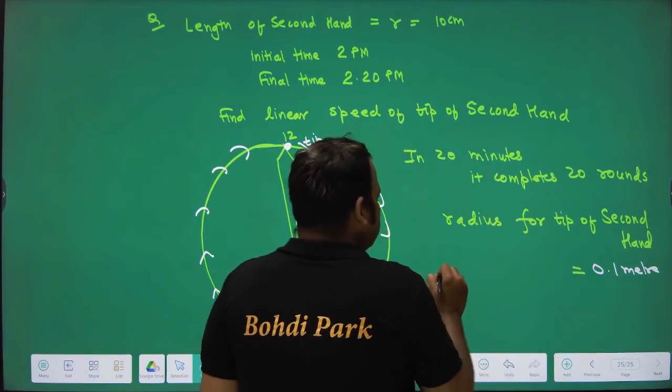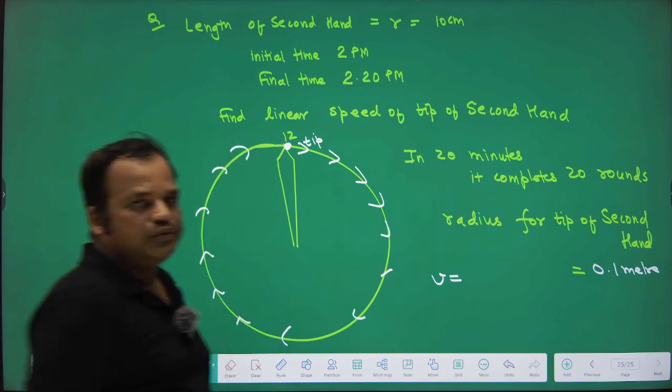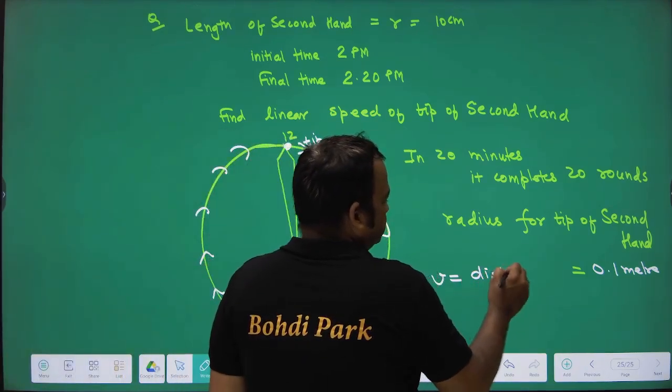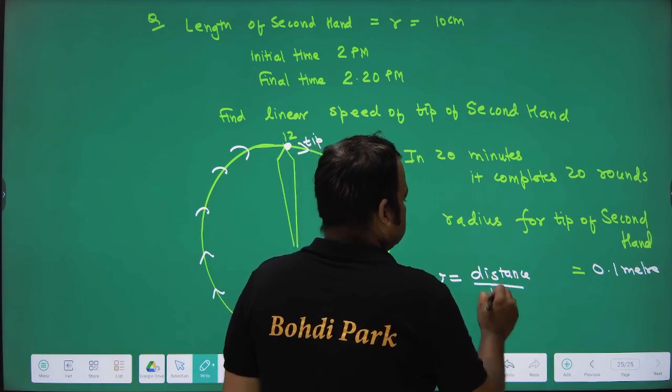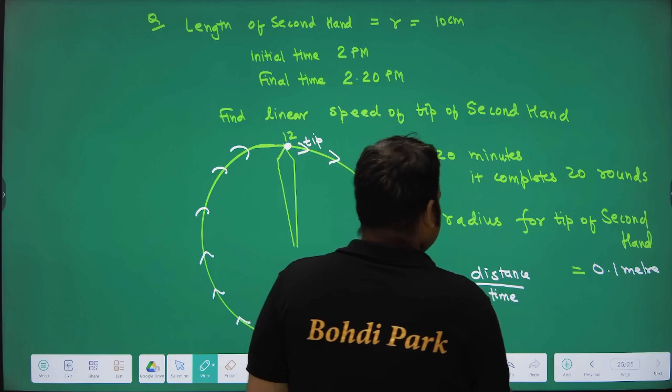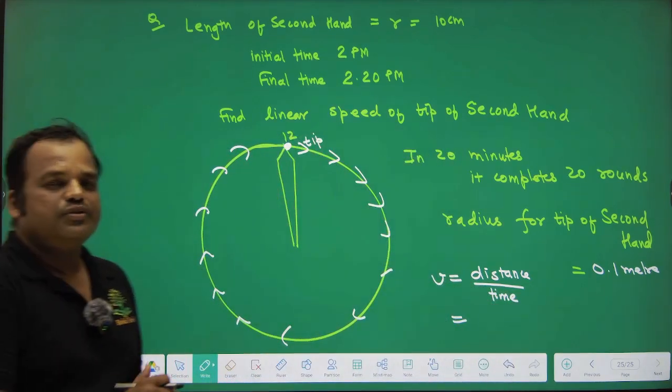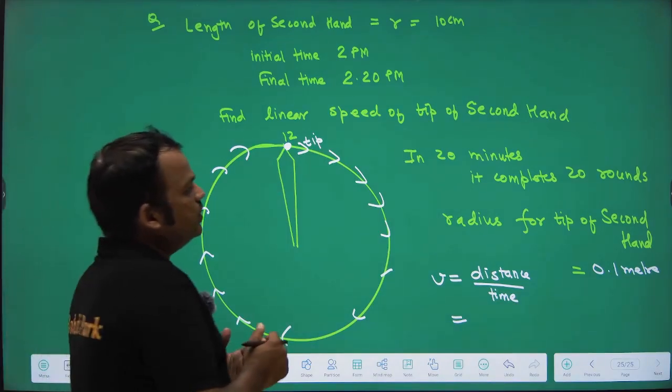Now the linear speed will be equal to distance by time. So in 20 minutes it is completing 20 rounds.